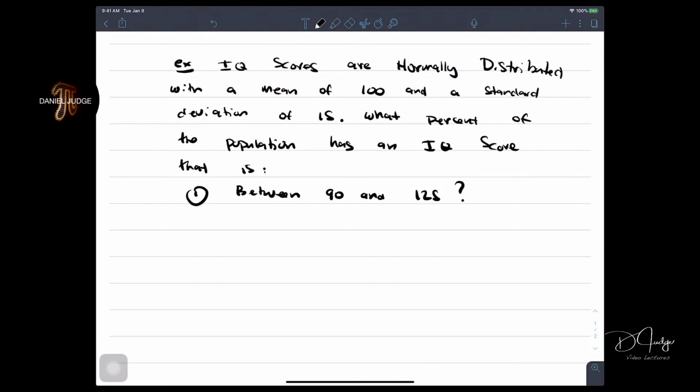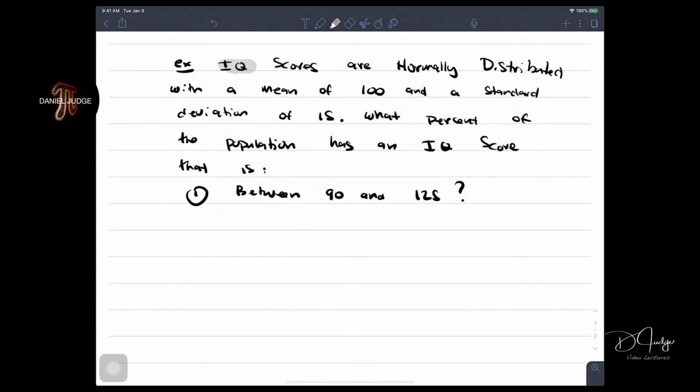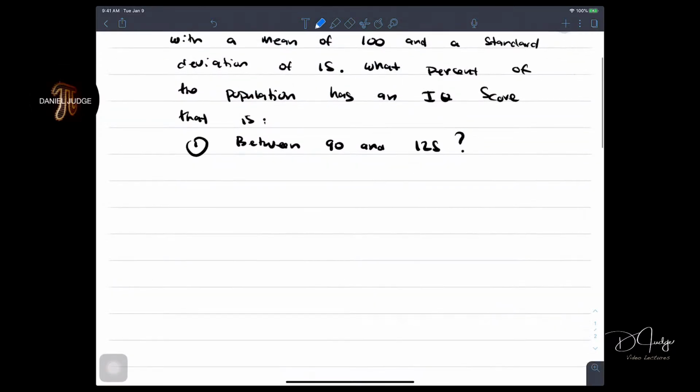I'll give more questions in this, but we're going to go through how you handle a normal distribution question, and you're going to follow a procedure. But I first want to point out what they are saying: IQ scores are normally distributed. So you're going to let X equal an IQ score.